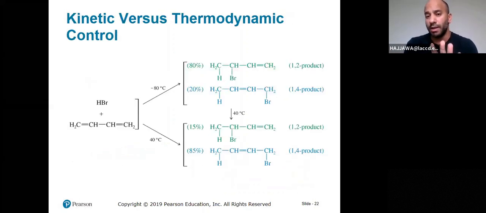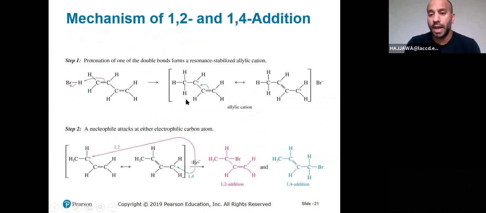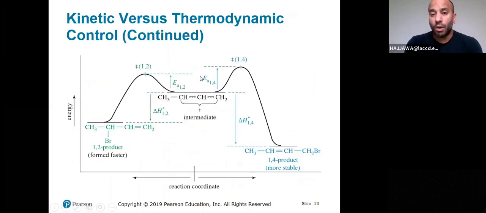Keep this in mind. Now, in order for the reaction to get to the allylic carbocation, that will require its own activation energy. Once I am there, the primary allylic carbocation versus the secondary allylic carbocation are not going to have the same activation energy getting to the product. Meaning, the secondary allylic carbocation, which is this one, is going to require less energy to get to the product.